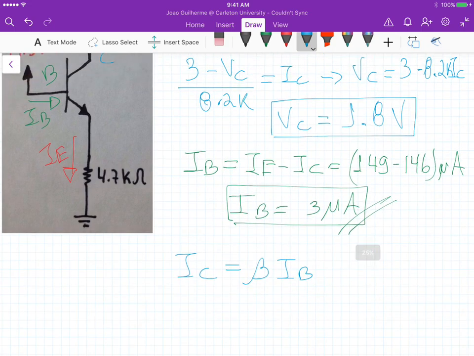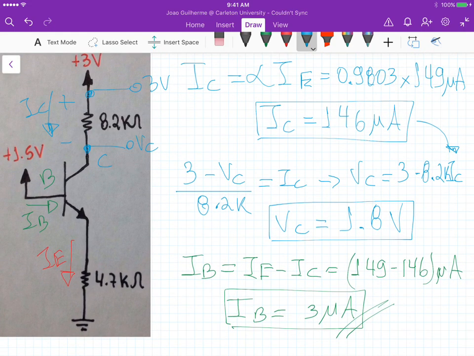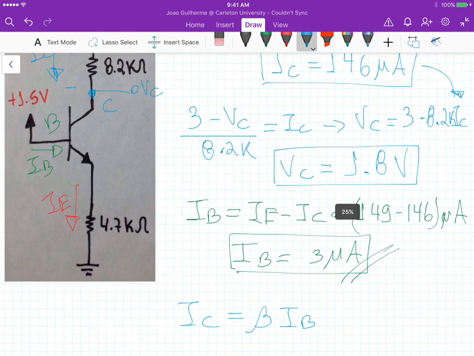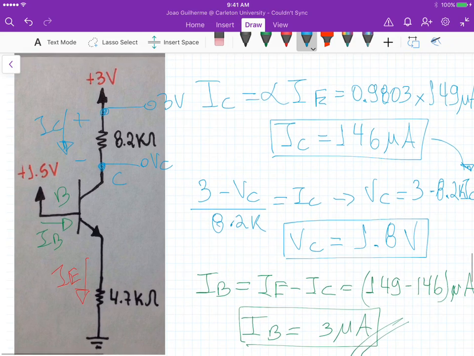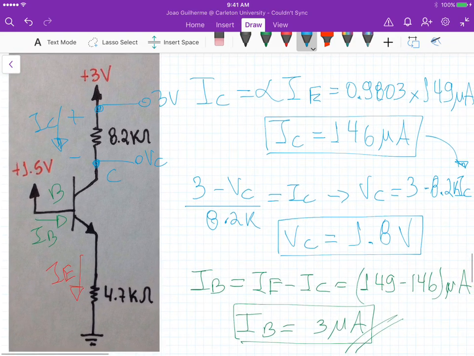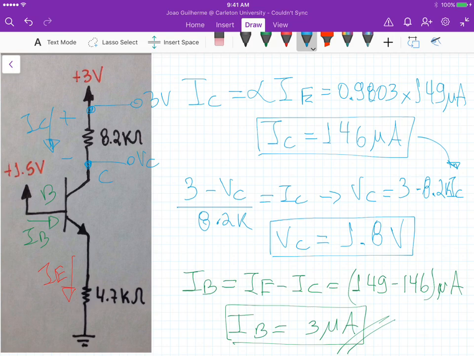But you see that once we know IC and IE, it's just a matter of taking their difference and then you calculate IB. But there are other ways to find out some of those quantities, okay? So there are multiple solutions. Eventually, the final results should be the same, but there are a lot of paths you can follow to get the same answer.